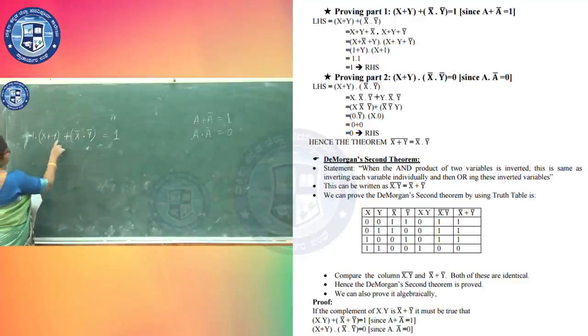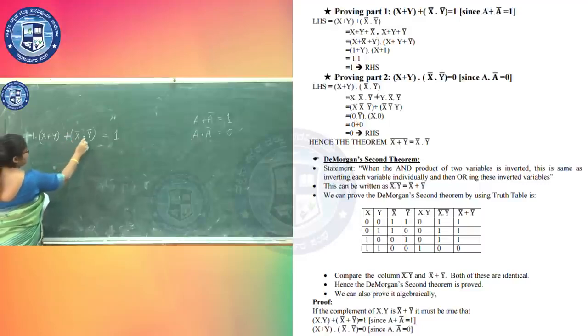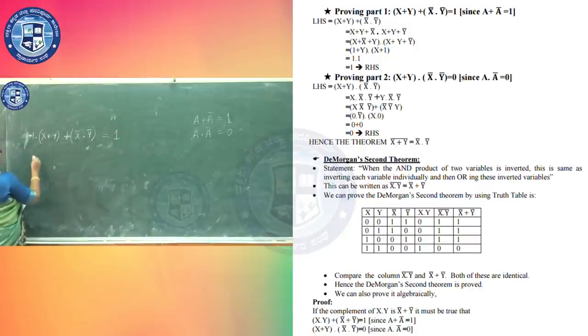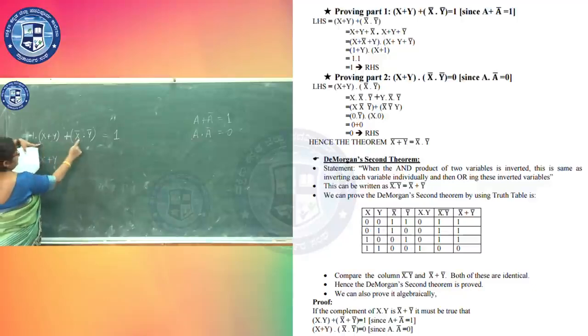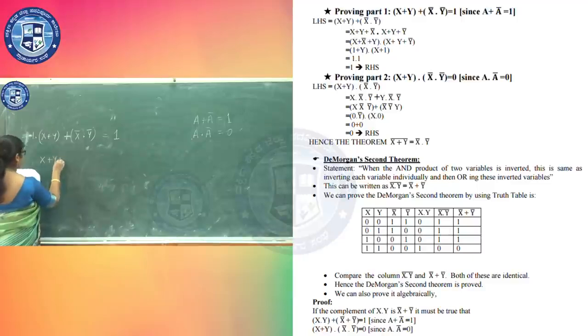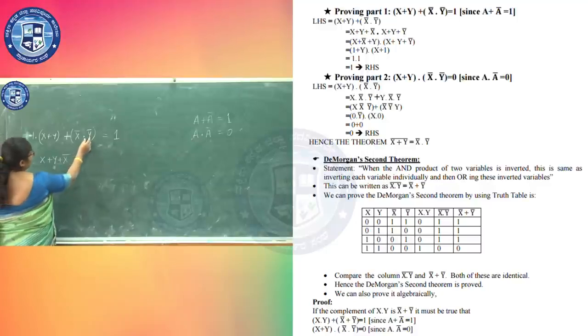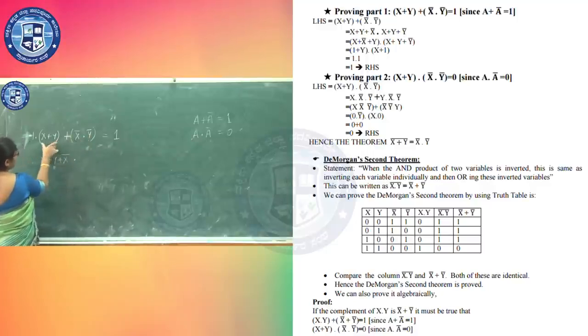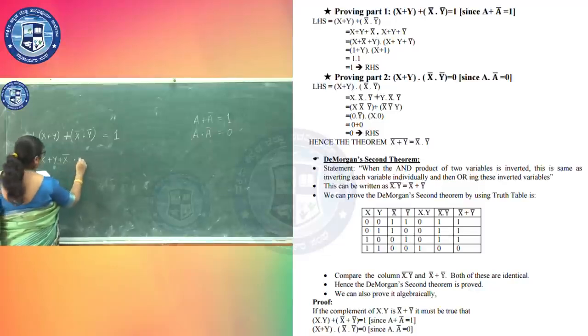We have x plus y plus x dash into y. So we will have to multiply this term with x and this term again with y. So we should have x plus y into x dash, now y dash is multiplied with x plus y.